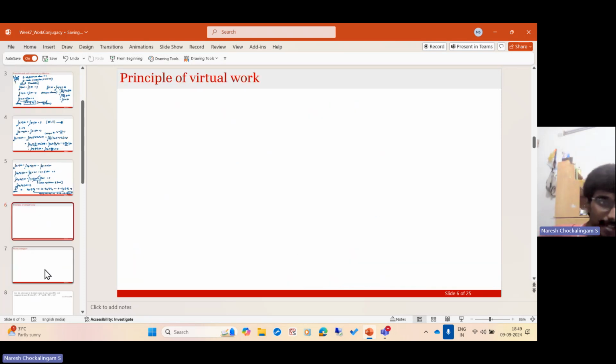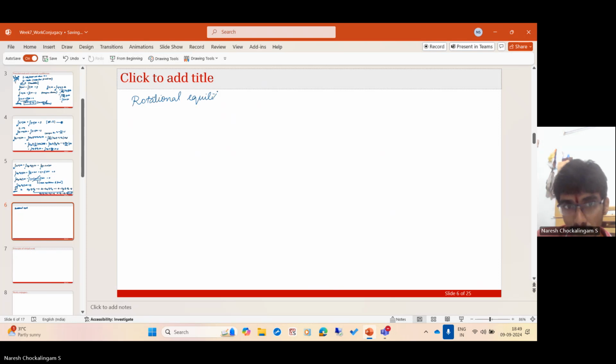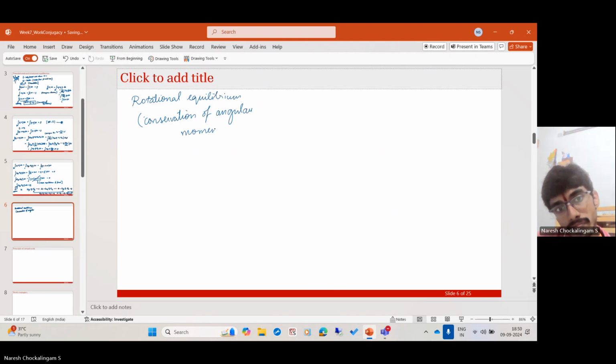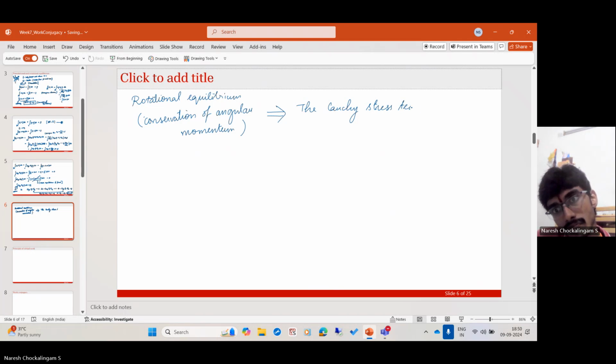Therefore, the rotational equilibrium, also known as the conservation of angular momentum, implies the Cauchy stress tensor is symmetric.